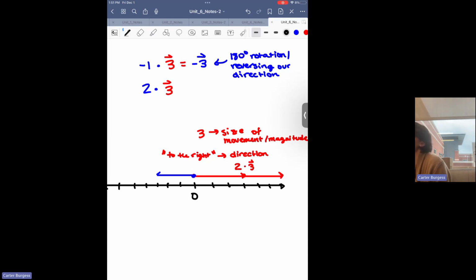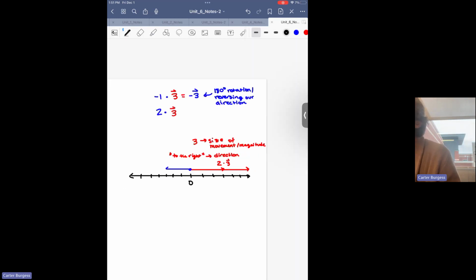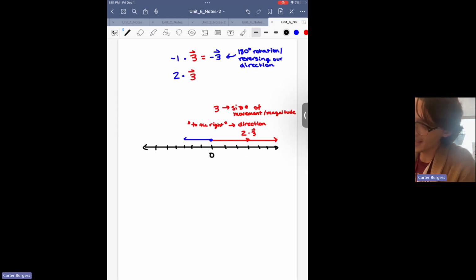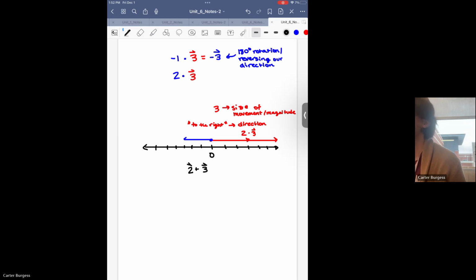All right, while we're here, we'll talk about this as well. So we have scalar multiplication with our vectors. The other thing that we can do with our vectors is we can add them together. For instance, we could think about what happens if I take the vector 2 and add it with the vector 3. Right?